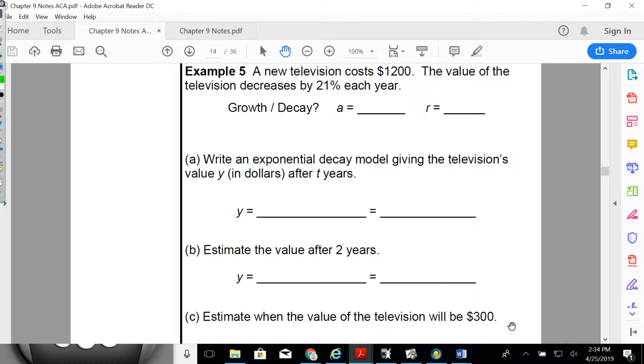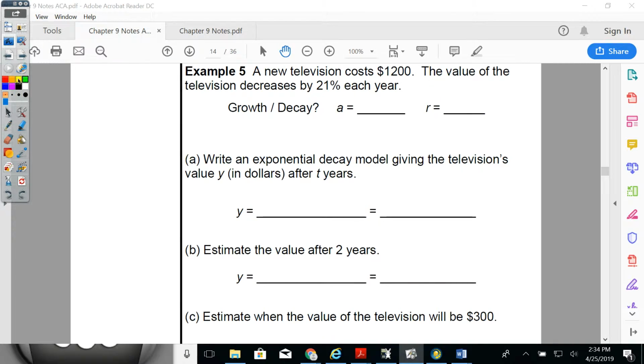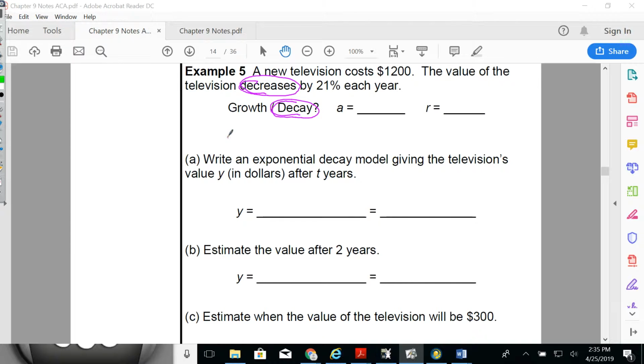We've got to decide, is it growth or decay? Since it says that it decreases, I know it's going to be a decay model. And I want the one above, 1 minus R to the T.